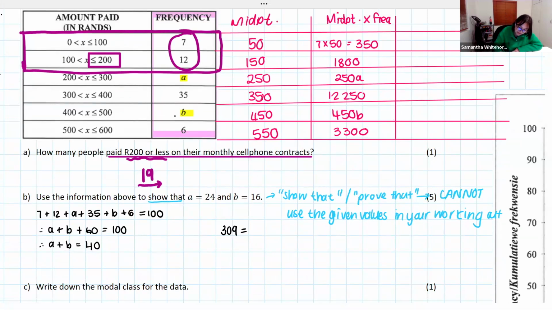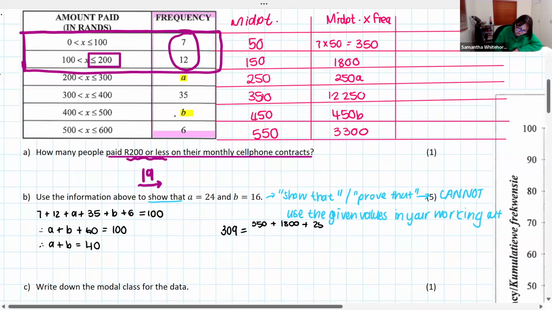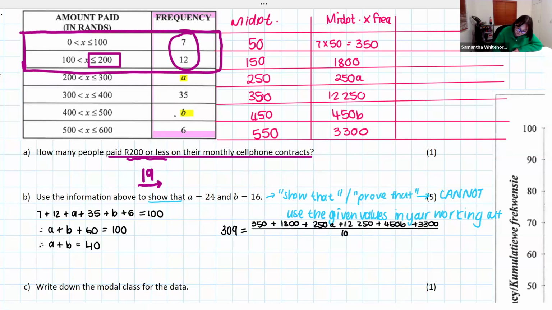And so if I add up 350 plus 1,800 plus 250A plus 12,250 plus 450B plus 3,300 and divide that all by 100, I must get my estimated mean. Right, so us doing that working out earlier helped us.